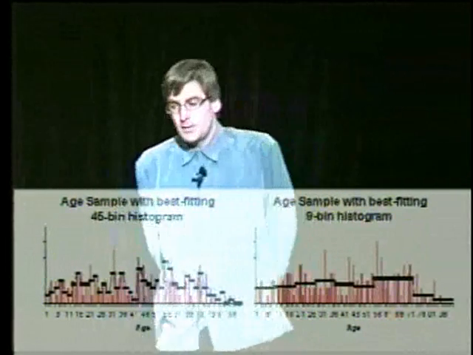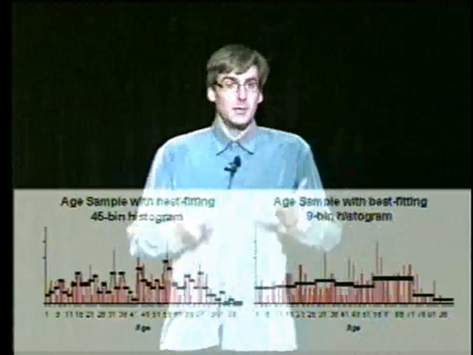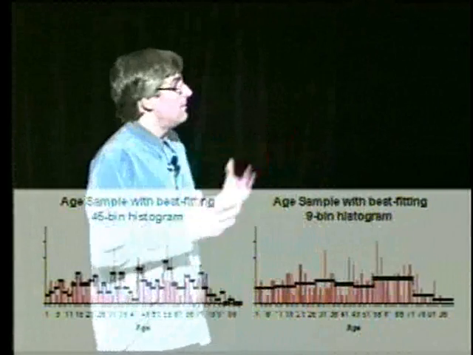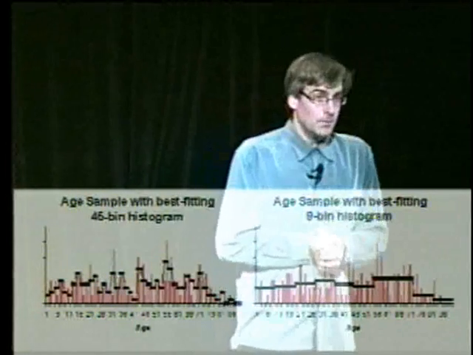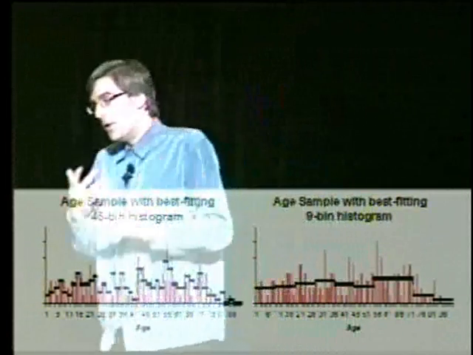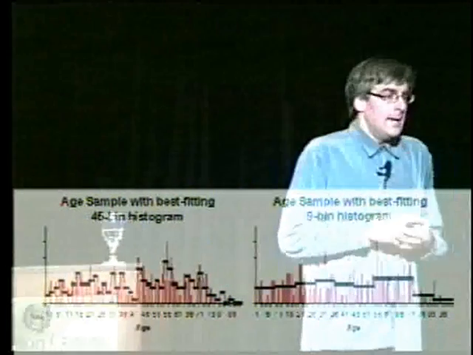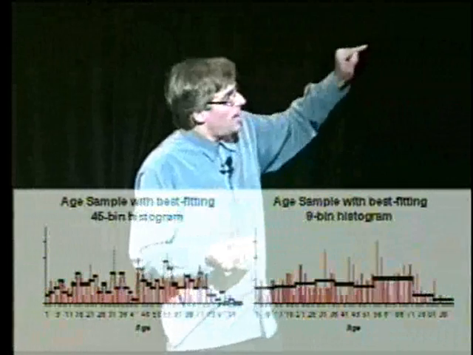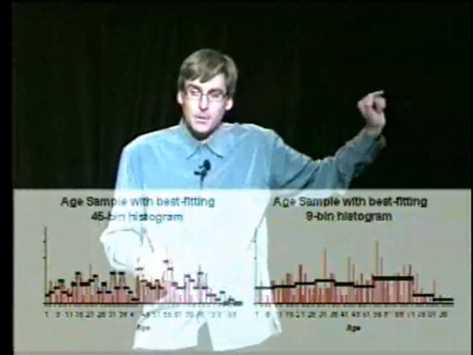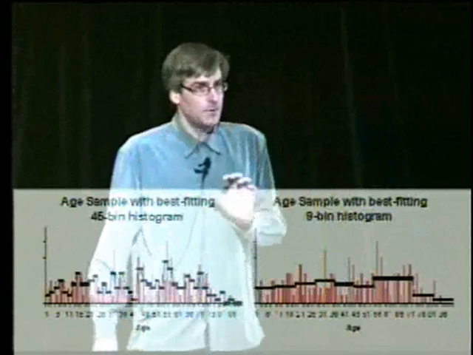And so if we ask ourselves, and of course this is the question that we always want to ask, which model is better? If you simply look at variance accounted for, you'd likely consider that the 45-bin model is doing better. But there's another way to think about the adequacy of the model, and that is in terms of how close the models that we're estimating based on the sample are to the best models in their respective classes.